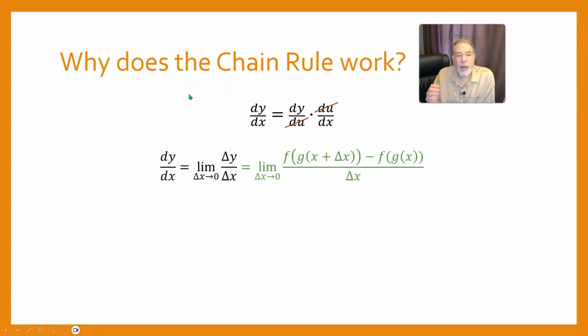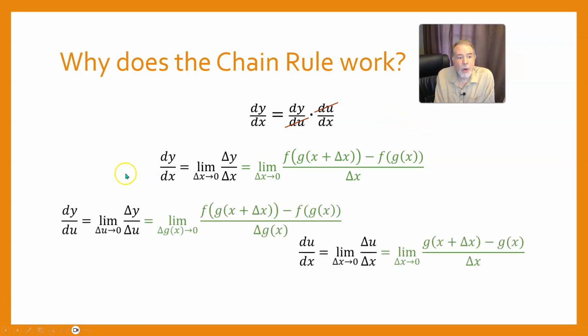So dy dx really is the limit as delta x approaches 0 of delta y over delta x. So if you let x change by a small amount, and then y, depending on x, changes by a corresponding amount, and you take the limit of the ratio of the change in y to the change in x as that change in x approaches 0, that's how the derivative is defined, at least in standard calculus.